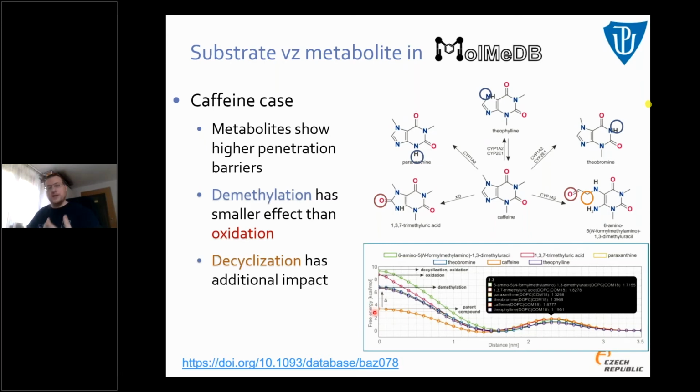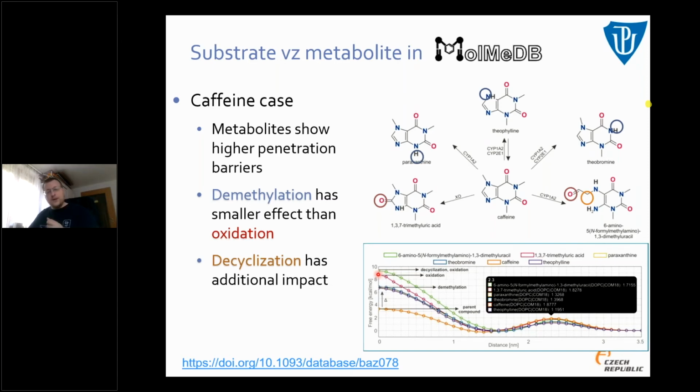So, but how much less? The demethylation increases the barrier. So you can get these three major guys, paraxanthine, theophylline, and theobromine. But the oxidation actually has a higher effect than the demethylation itself. So trimethyluric acid is even less permeable than the demethylated versions of caffeine.